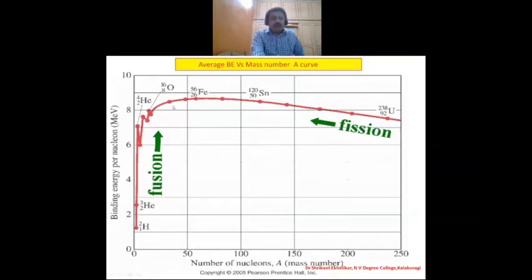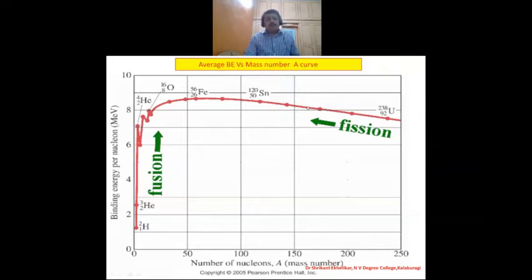The major part of the binding energy curve, from mass number A equal to 40 to 160, is almost flat.